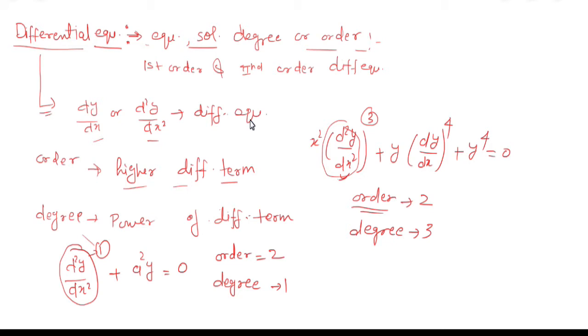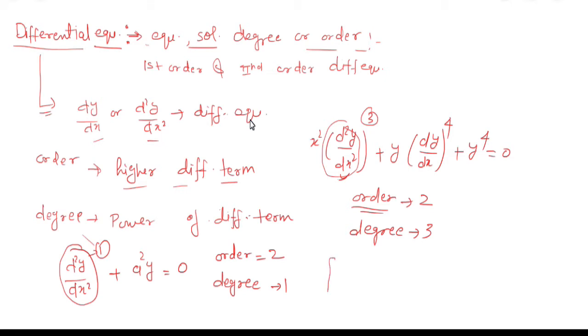If you discuss the degree of any differential equation, we must remove the radical sign and fraction of that term. After removing the fraction or the radical sign, you can define the degree of that equation.